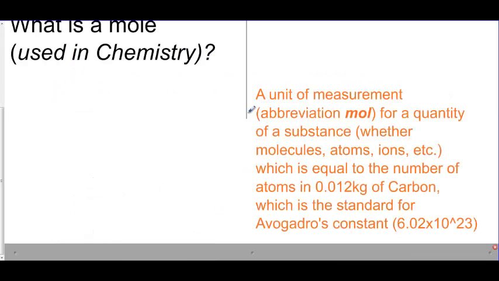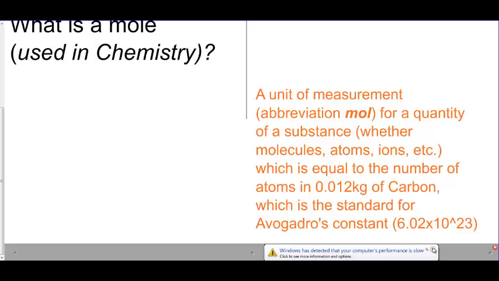Okay, so a mole is a unit of measurement. Abbreviation is MOL, mole, without the E. For a quantity of a substance, whether we're talking about molecules, atoms, ions, it's an arbitrary unit, just like a dozen, which is equal to the number of atoms in 12 thousandths of a kilogram of carbon. They use carbon because it is one of the most common, abundant isotopes found in nature, so it was easier to measure carbon versus any other elements.